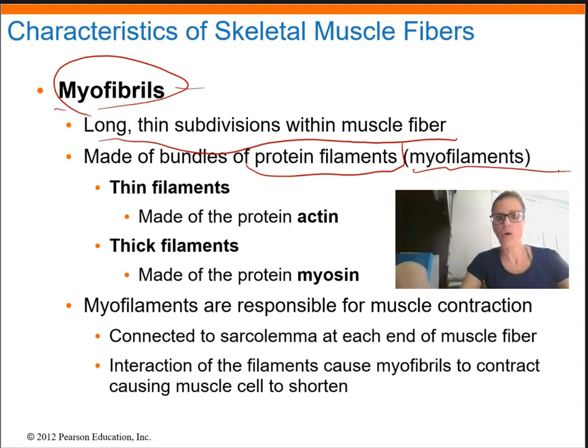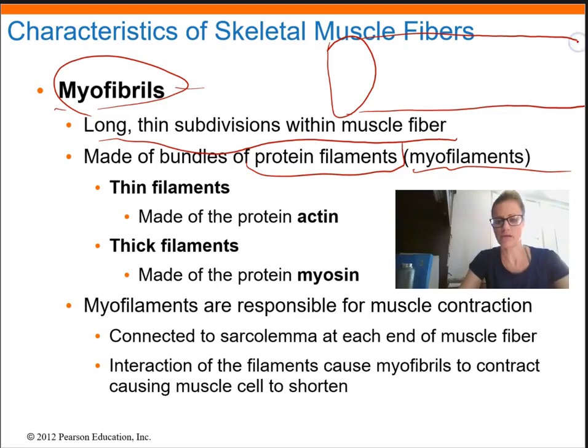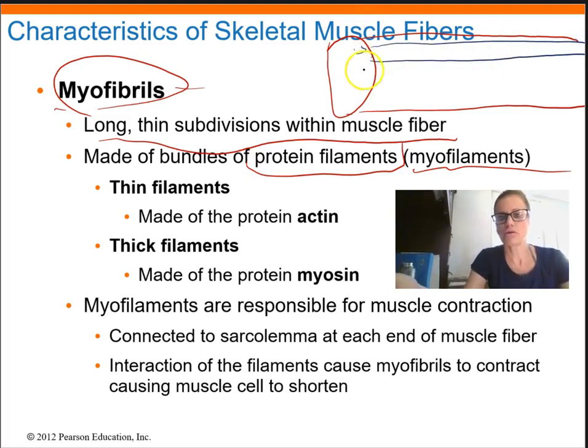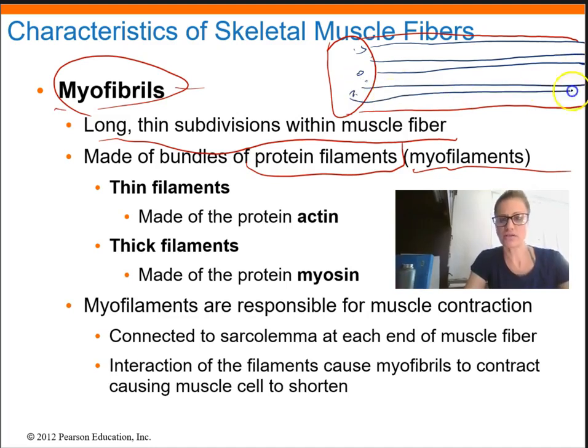So again, if this was my one muscle cell, right? This is my big muscle cell or muscle fiber. This muscle fiber is made up of a bunch of strands of protein. So there's one, right? The whole thing is jam-packed with a bunch of strands of protein. Those strands of protein are the myofibrils.